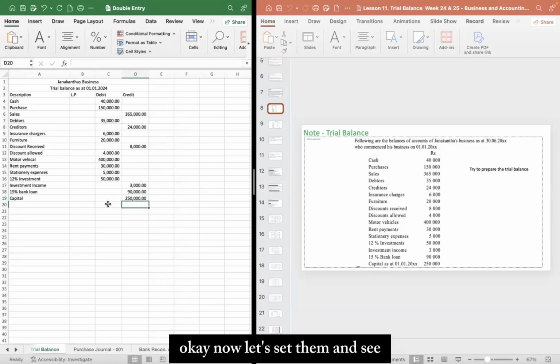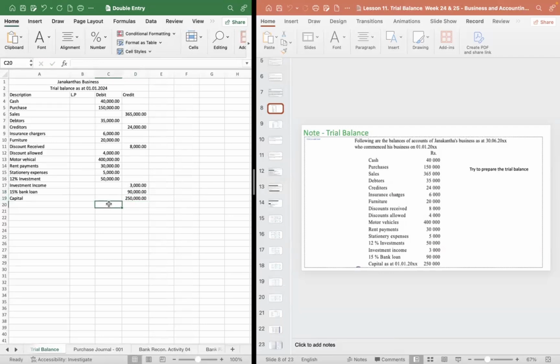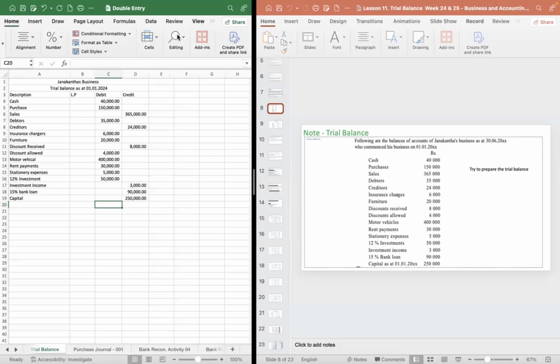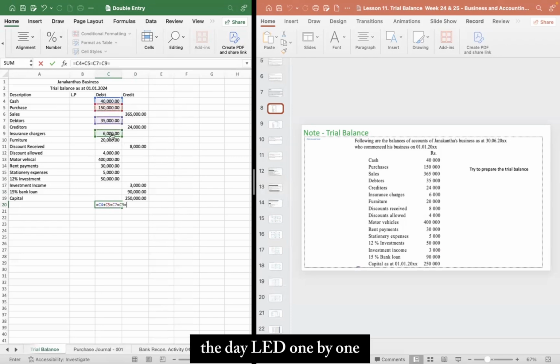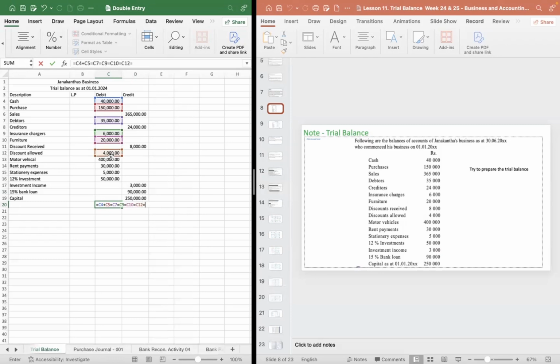Now let's add them and see. Because of this I can't use the sum function, so I'll add one by one.